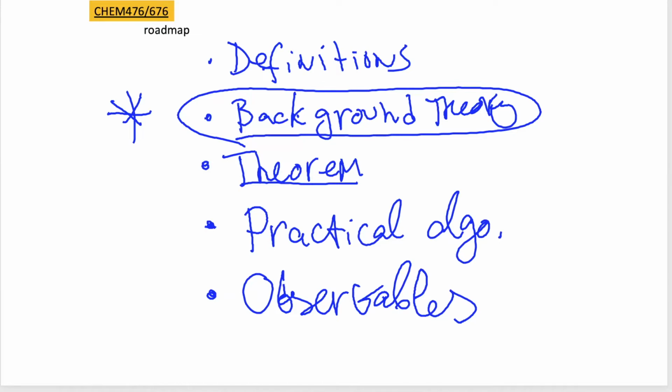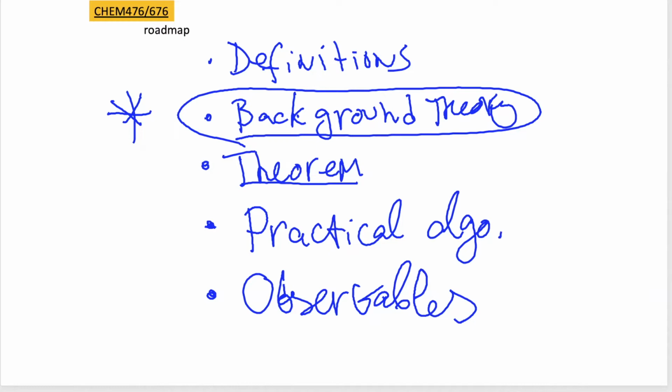So here is a little plan for the next month, how we are going to process this theory. We'll start with definitions, like basically what is density, and background theory, which is Thomas-Fermi.